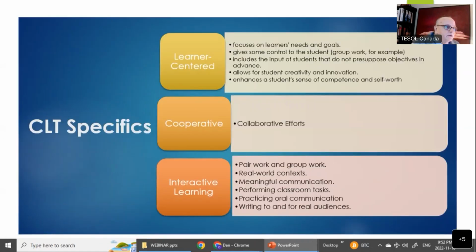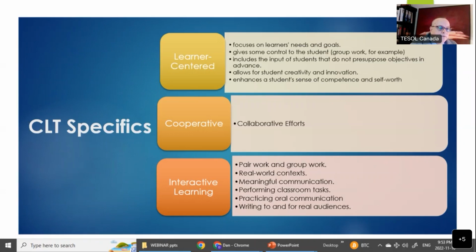So the specifics of CLT are that it is learner-centered. It focuses on learner needs and goals, gives some control to the student through group work, for example. It includes the input of students that do not presuppose objectives in advance. It allows for student creativity and innovation, and it enhances a student's sense of competence and self-worth.